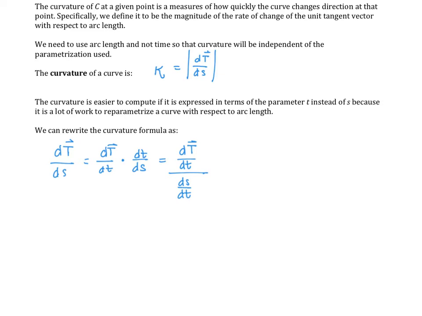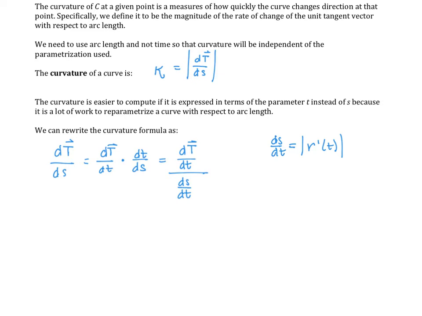Let's go back to what we did the other day when we talked about the arc length function, ds/dt. We said ds/dt is equal to the magnitude of r prime of t.